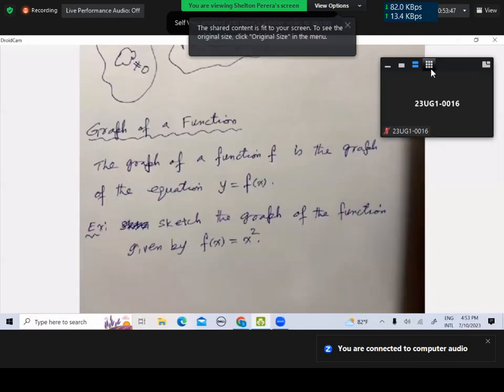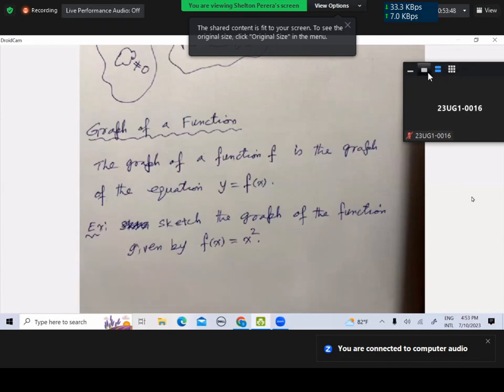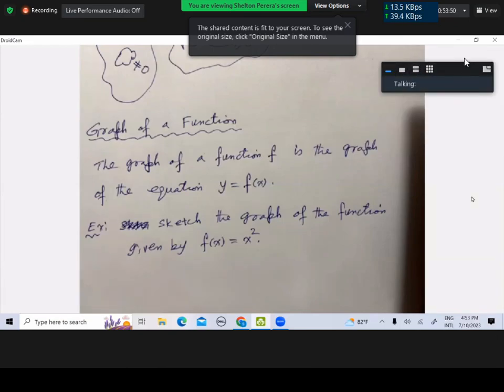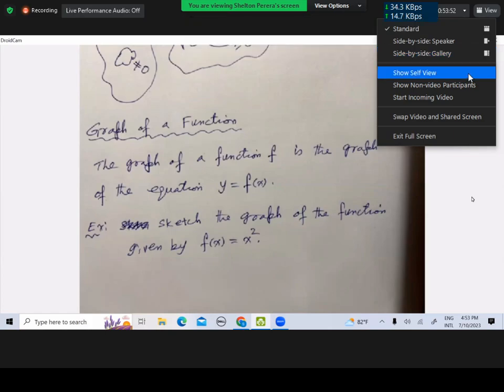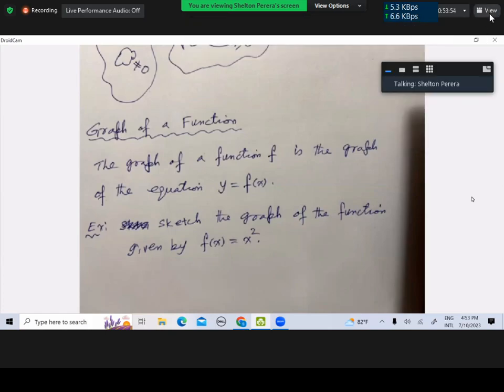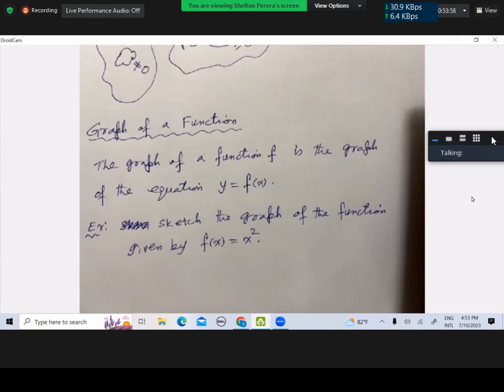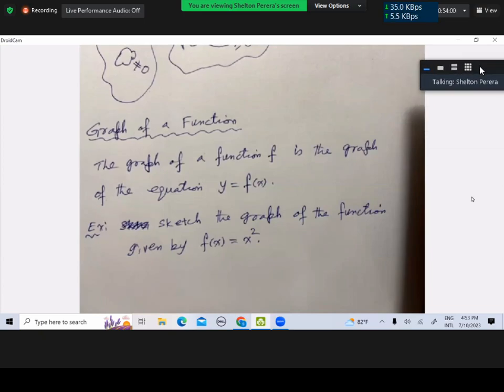f of x equals x squared. All you have to do is sketch the graph of y equals f of x. y equals f of x is y equals, what is f of x? f of x is x squared.